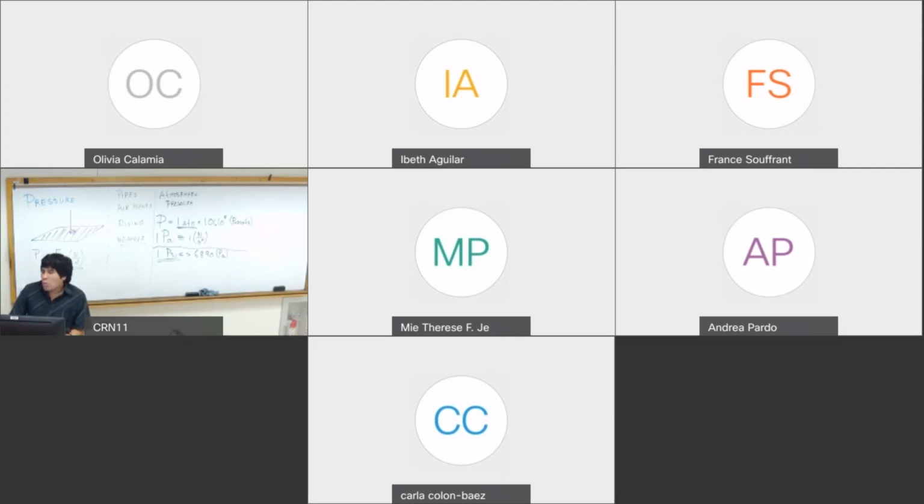Okay, so what type of problems can you be asked? Look, in the slide they give you a problem with pounds and square inches. So that is a problem where you will have the pressure in PSI. PSI, as I said, are the units in the imperial system. So if I give you a force, let's say a weight, let's suppose the weight of a person was approximately 160 pounds.